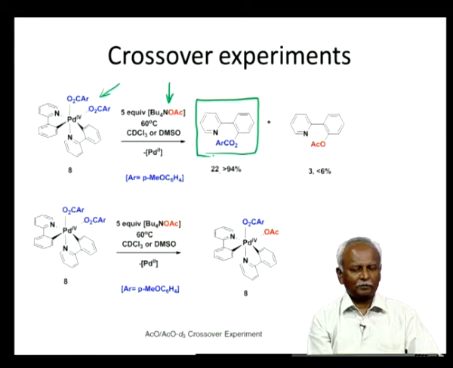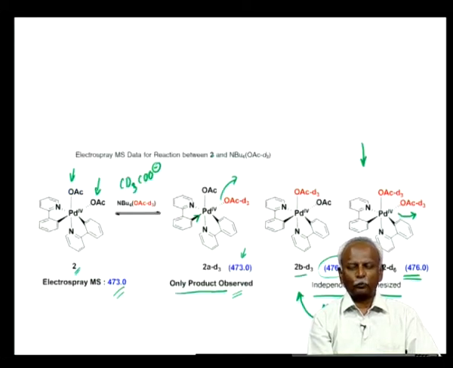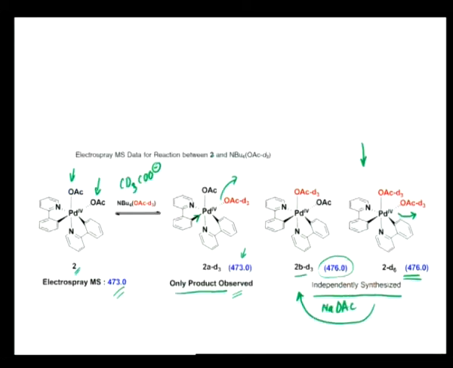So, in the first step they showed that only one acetate is exchanging, and that is the group which is trans to the carbon, and that is the one which is present here, which I have labeled in green.